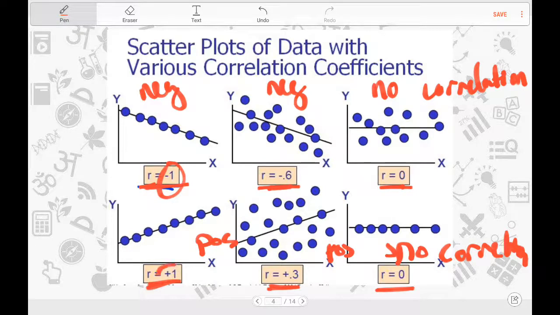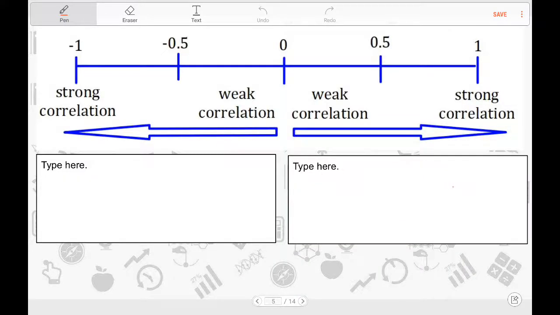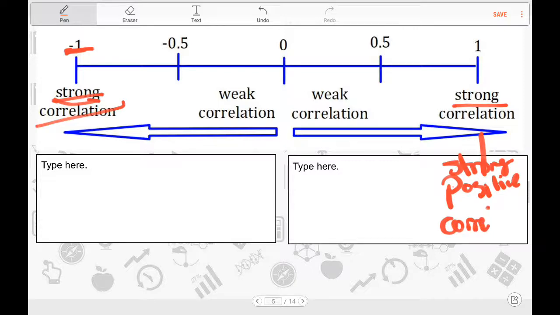These numbers play a part in describing the relationships. Let's take a look at what that means. The closer you get to 1, that tells you it's going to be a strong correlation no matter what side it's on, positive or negative. So this one over here would be a strong positive correlation. And on this other side, because it's close to negative 1, this would be a strong negative correlation.